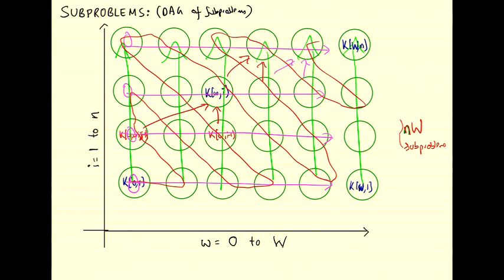Look at the shortest paths problem. I could say the distance from i to j is the minimum over all k of the distance from i to k plus distance from k to j. Okay? The triangle inequality.